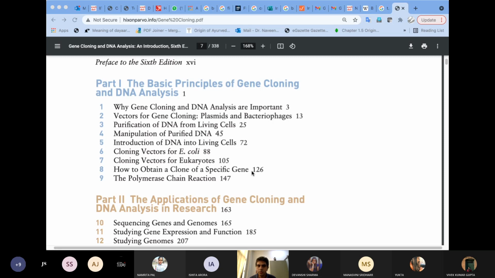And how to obtain a clone of specific genes: how you are going to perform the cloning, how you are going to screen, and then PCR. I think these 9 chapters in part 1 cover most of the subjects we need for this course, the FRDD, Fundamentals of Recombinant DNA Technology.